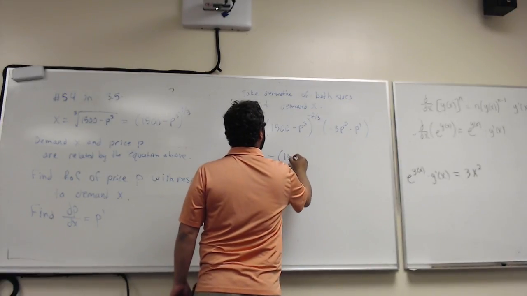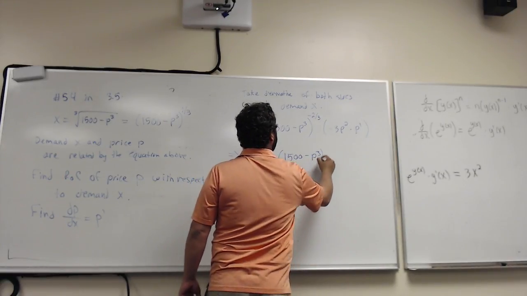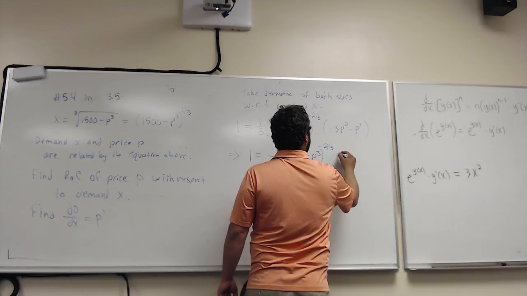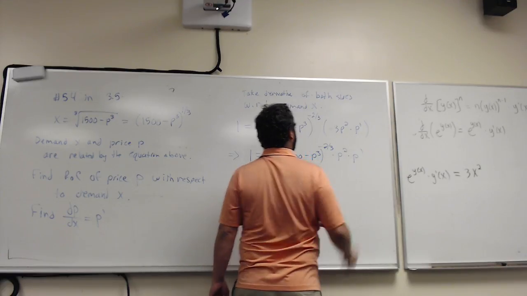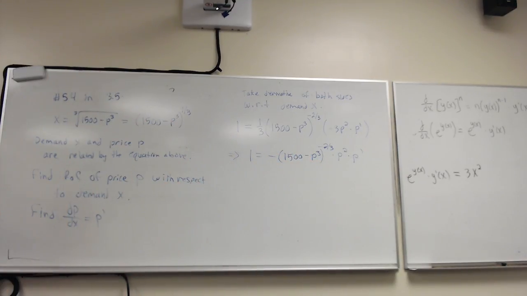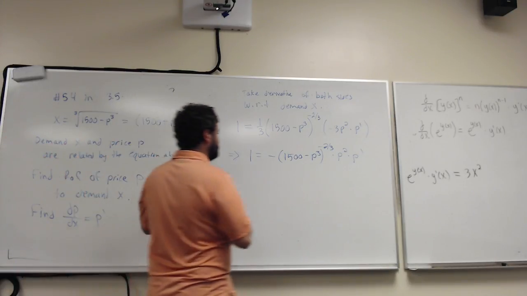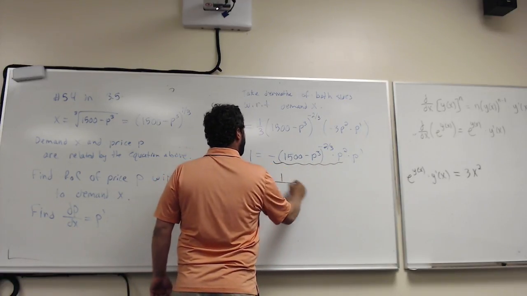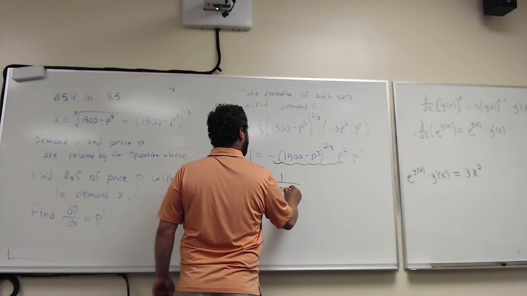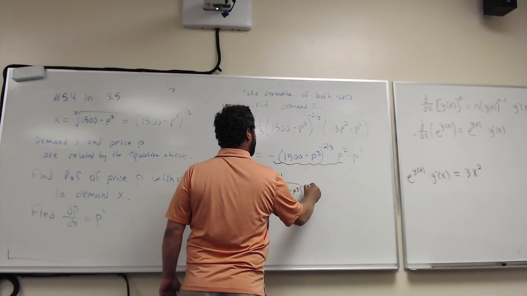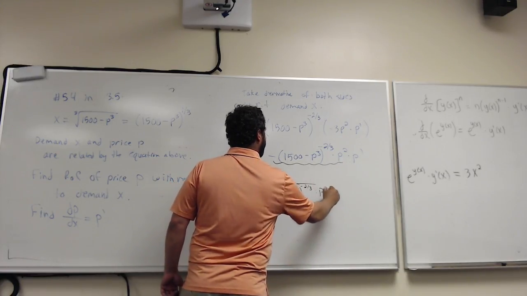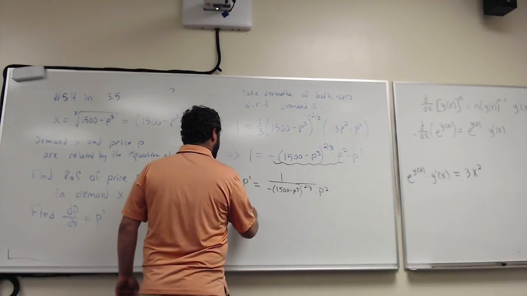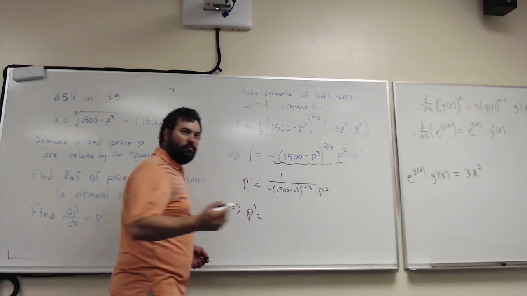This is minus 1500 minus p cubed to the negative 2/3 times p squared times p prime. So I just multiplied the 1/3 and the negative 3. And then now to solve for p prime, I just need to divide by this other stuff. P prime is going to be 1 over negative 1500 minus p cubed to the minus 2/3 times p squared. And this time I will simplify it, since it's easy to.